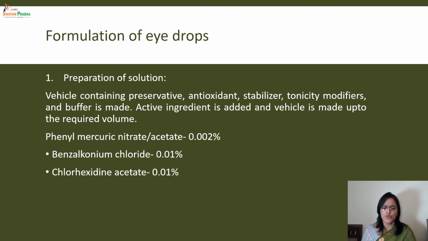Now, quickly moving to the formulation. For preparation of the solution, a vehicle containing preservative, antioxidant, stabilizer, tonicity modifier and buffer is made, the active ingredient is added, and the vehicle is made up to the required volume. For preventing bacterial and fungal growth, a bactericidal such as benzalkonium chloride or chlorhexidine acetate is added in the required concentration.